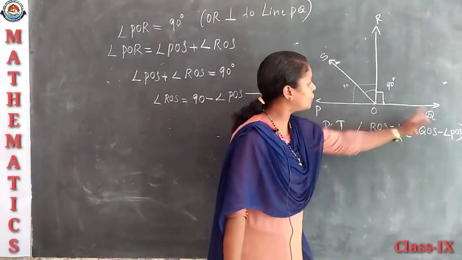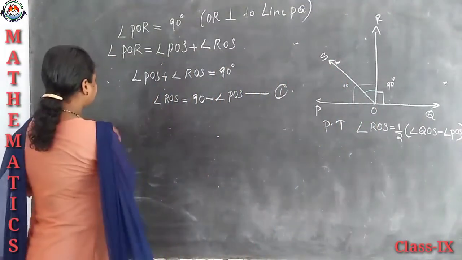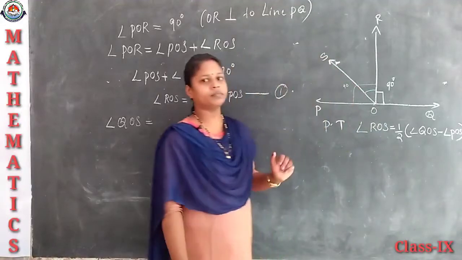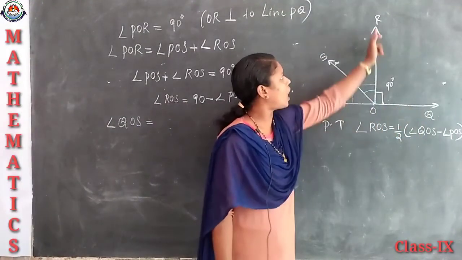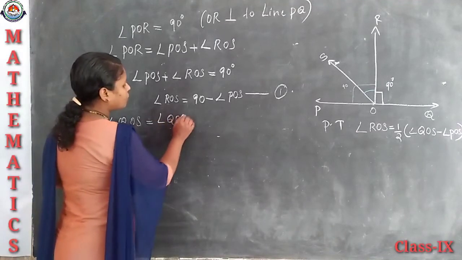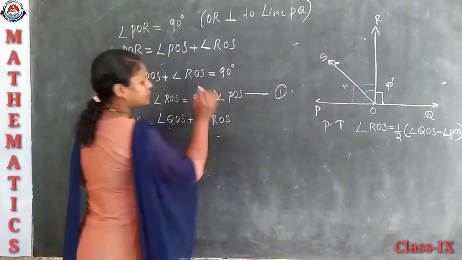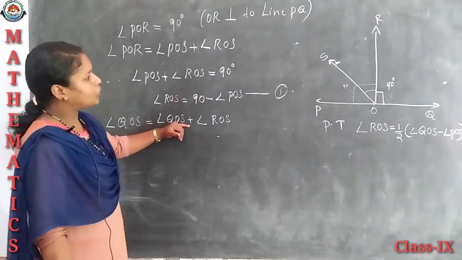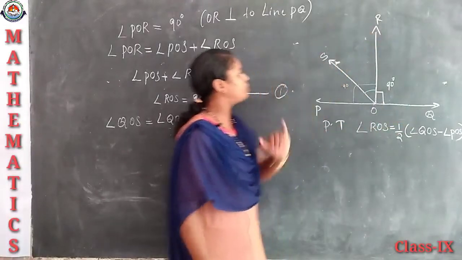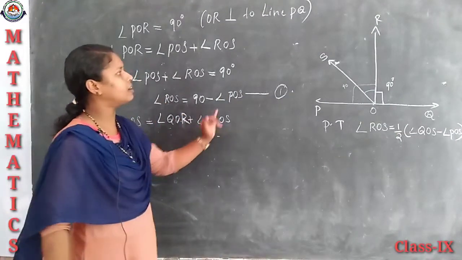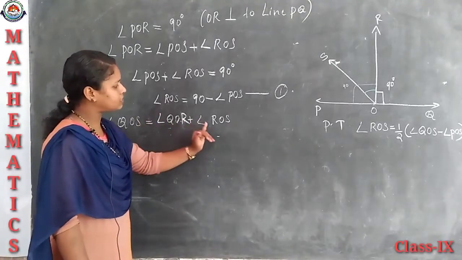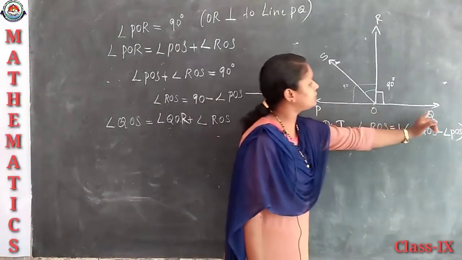Same way, here angle QOS is equal to angle QOR plus angle ROS. And what about this angle QOR?